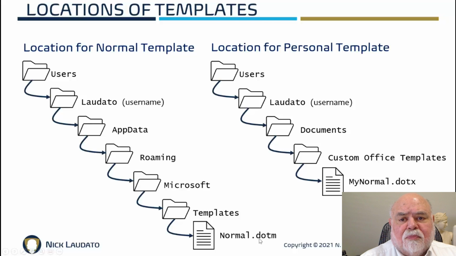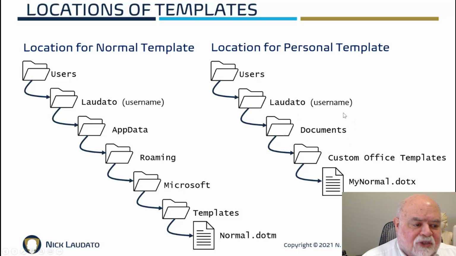Macros are procedures that run established sets of steps to help you automate your work in Word. But that personal template that I saved is in a different location. It's in users, my username, the subdirectory Documents.